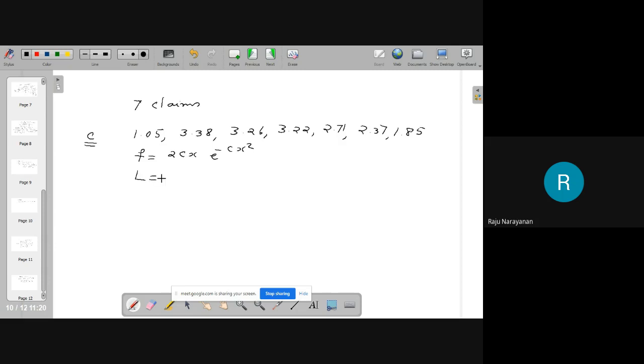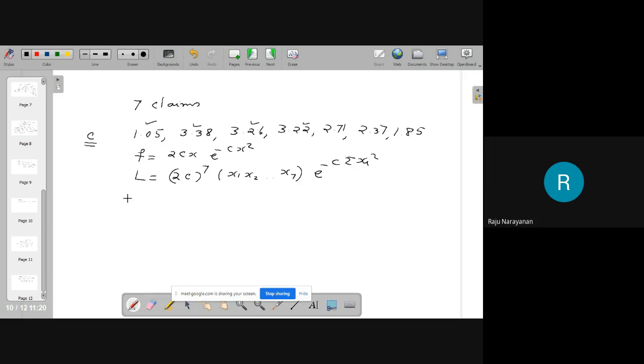Therefore L is equal to what? 2c raised to 7 into x1, x2, etc., x7, e raised to minus c into sigma xi square. That is 2c x1 e raised to minus c x1 square, into 2c x2 e raised to minus c x2 square, etc. I have taken it like this. This is x1, this is x2, this is x3, this is x4, etc.